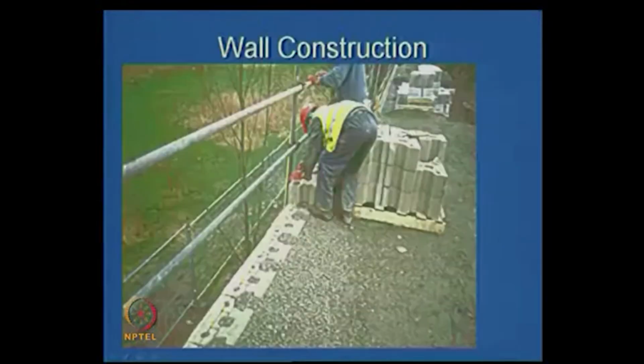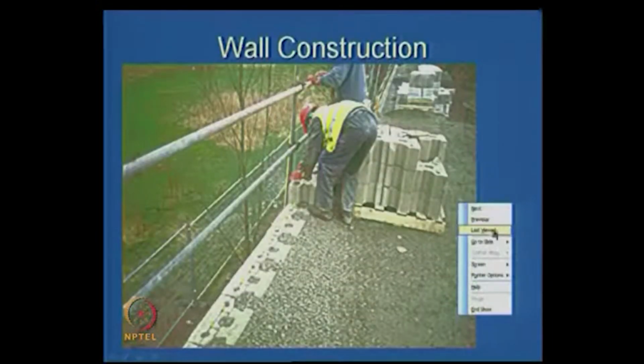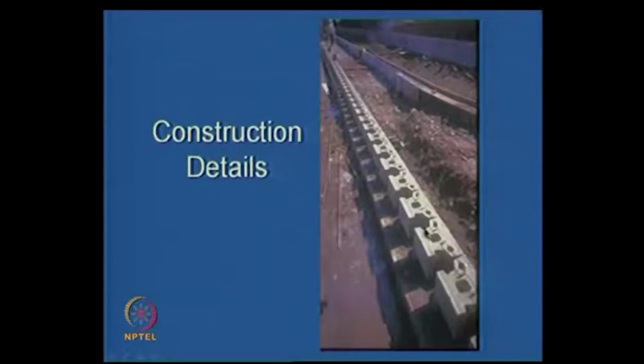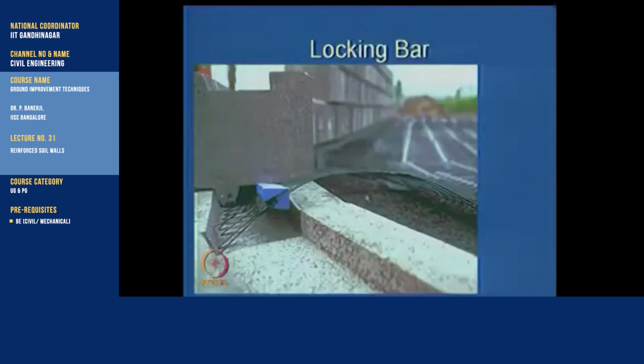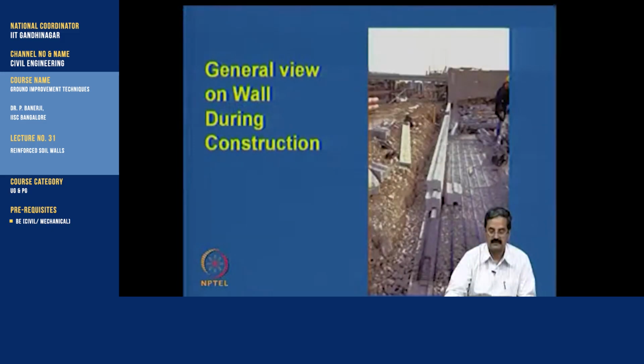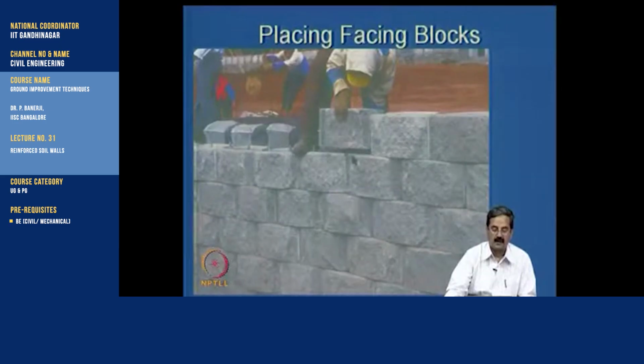So the construction details: this is one way, this is the other way, and this is a drainage element actually. This is another blocking and locking bar. This is a general view of the wall construction. Placing blocks, you can see a thread running here.